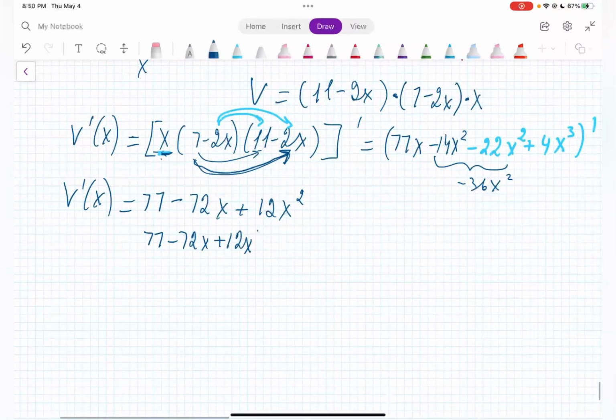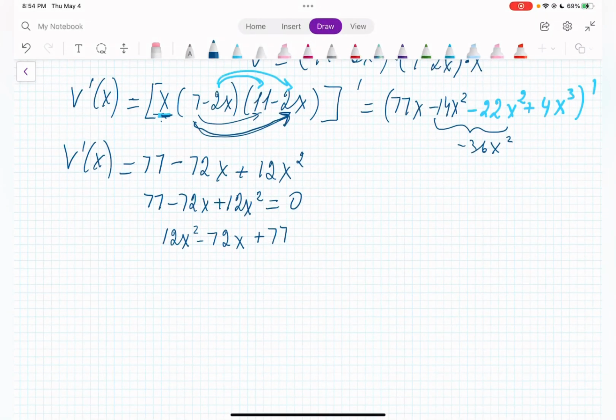Plus 12x squared equal 0. So let's see if we can solve this quadratic equation: 12x squared minus 72x plus 77 equals 0. Now we need to solve it.